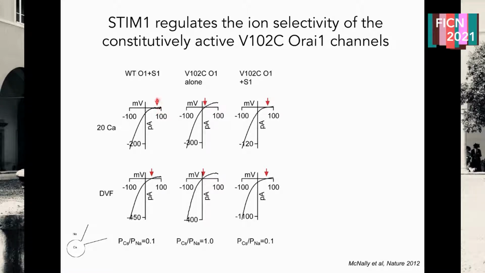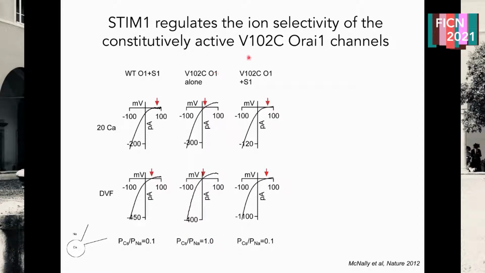That's reflected in the very, very positive reversal potential in the current voltage relationship. This channel is also very weakly permeable to large monovalent cations like cesium. The cysteine mutant of the valine was much, much less calcium selective. In fact, it was mostly non-selective, and the cesium to sodium permeability was about equal.